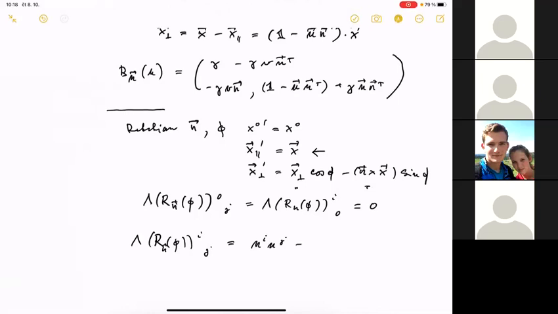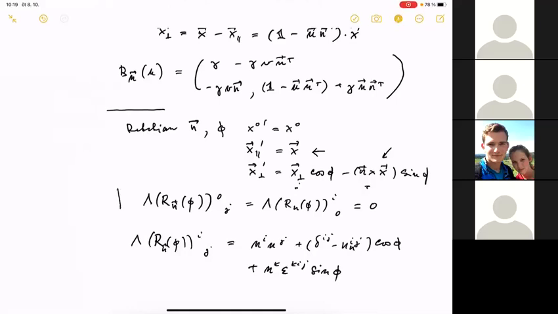And then the projector on the orthogonal direction. This is this x. This projects to this x orthogonal times cosine phi plus a term which describes this vector product, and in components it is n_k epsilon_kij times sine phi.